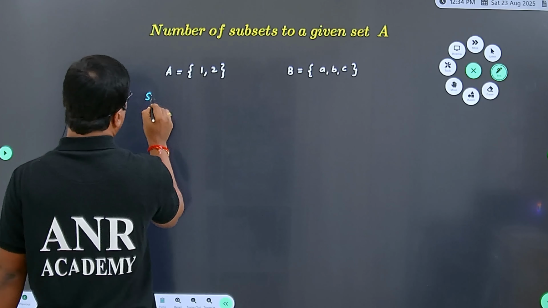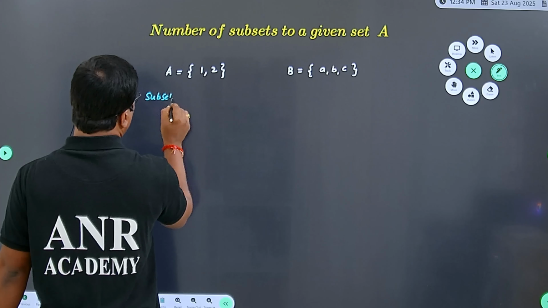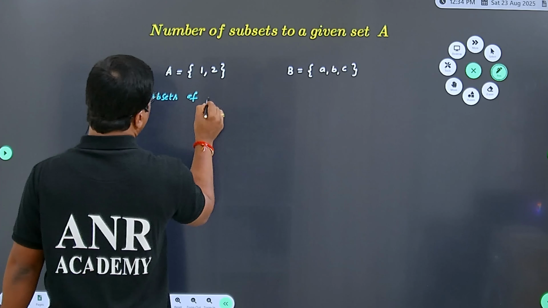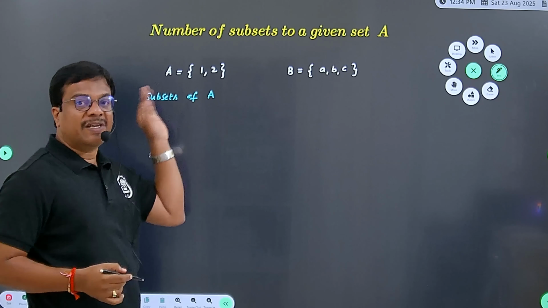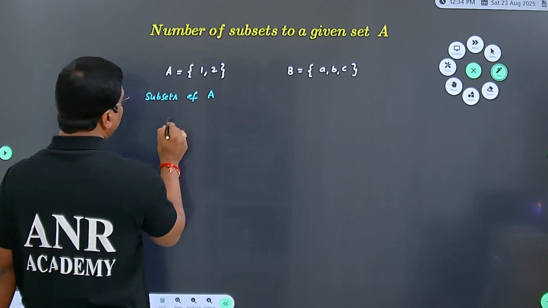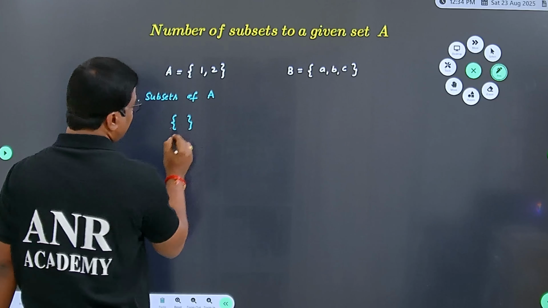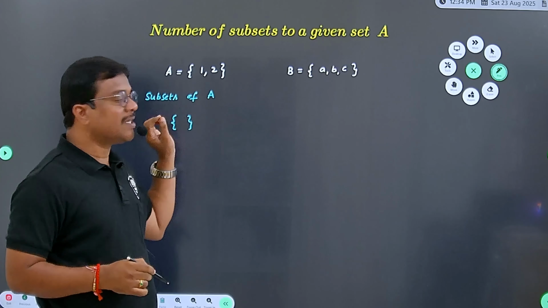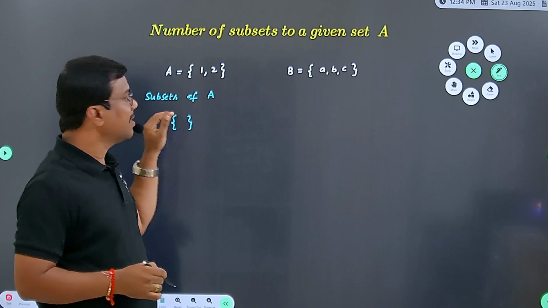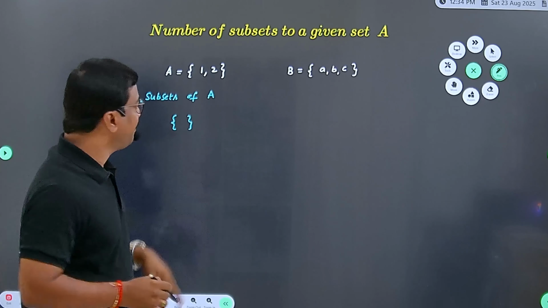I am going to write subsets of A. Suppose I select a set with 0 entries, a set with no entries: the empty set is a subset of every given set.